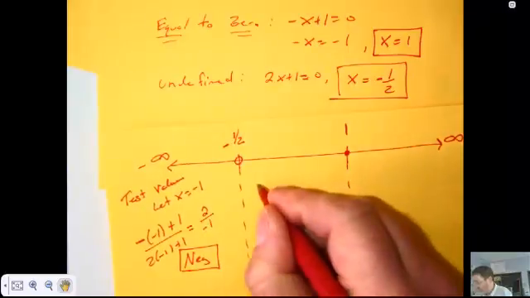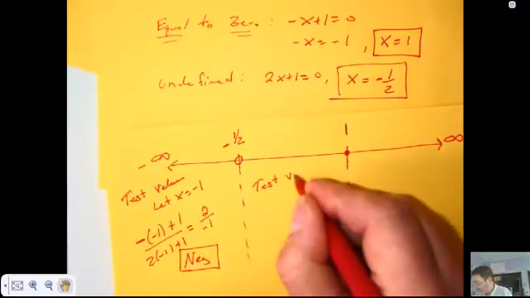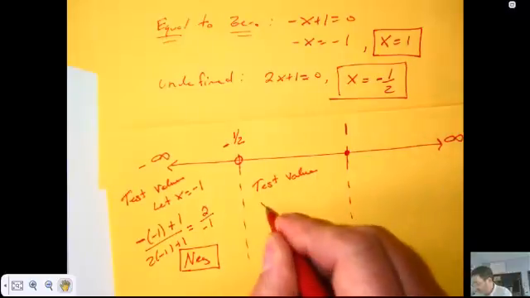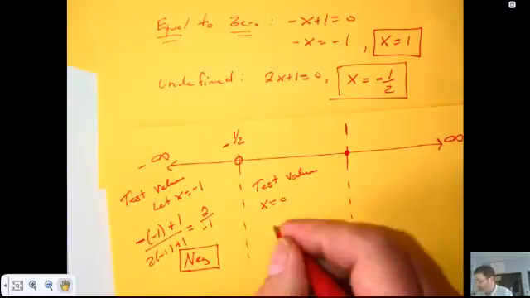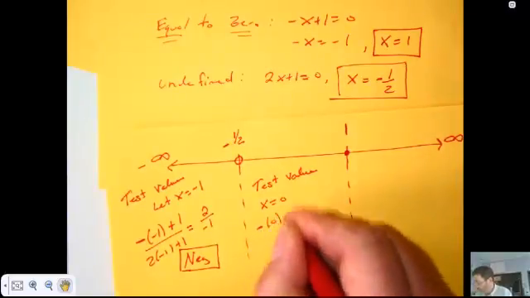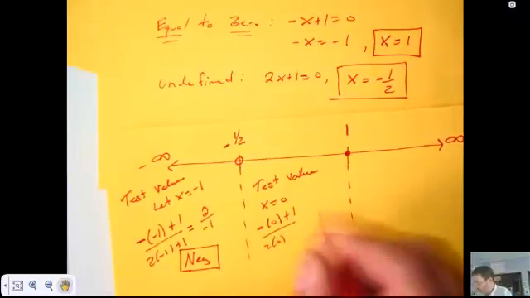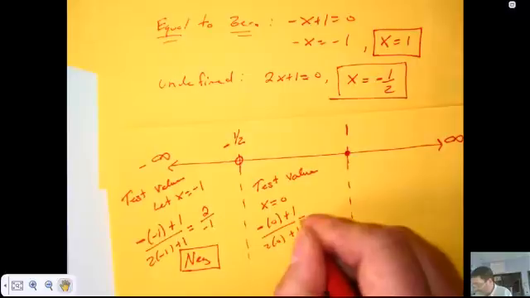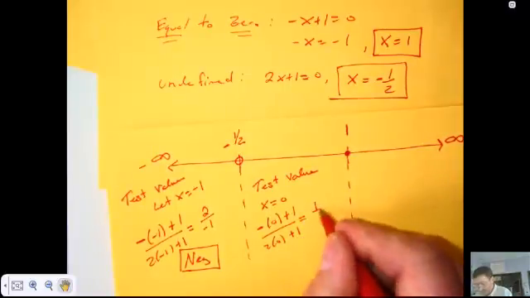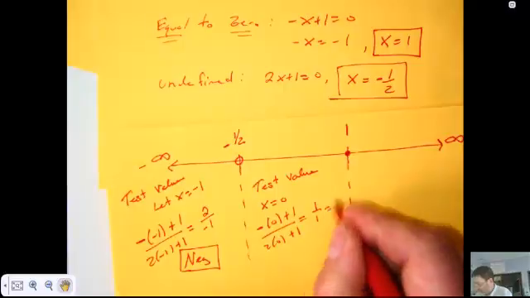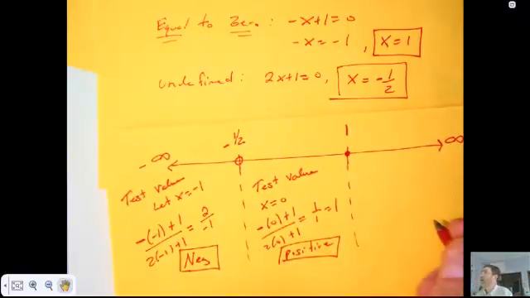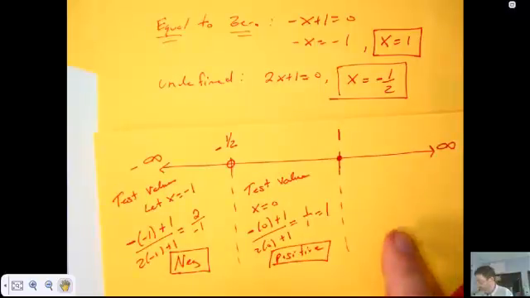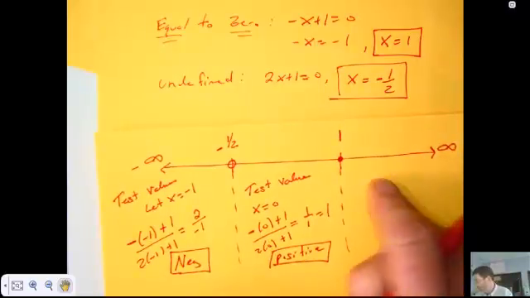The test value in this region: let's let x equal 0. 0 is always a good choice if that's in the interval. So it would be negative 0 plus 1 over 2 times 0 plus 1. So that would be 1, positive. And then finally, in this region, what am I going to pick? 2 maybe?